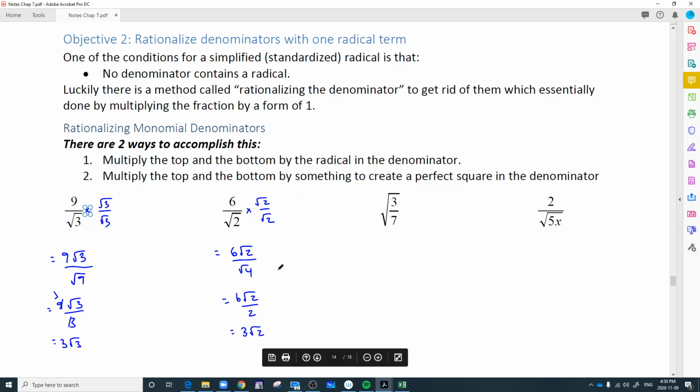So in both of these, by multiplying by itself, you ended up with a perfect square in the denominator. And you can skip this step if you want. If you realize that in the denominator you're getting root 3 squared, then if you wrote that as a rational exponent, you'd end up with 3 to the 2, and then the index becomes the denominator, so you end up with a 1.